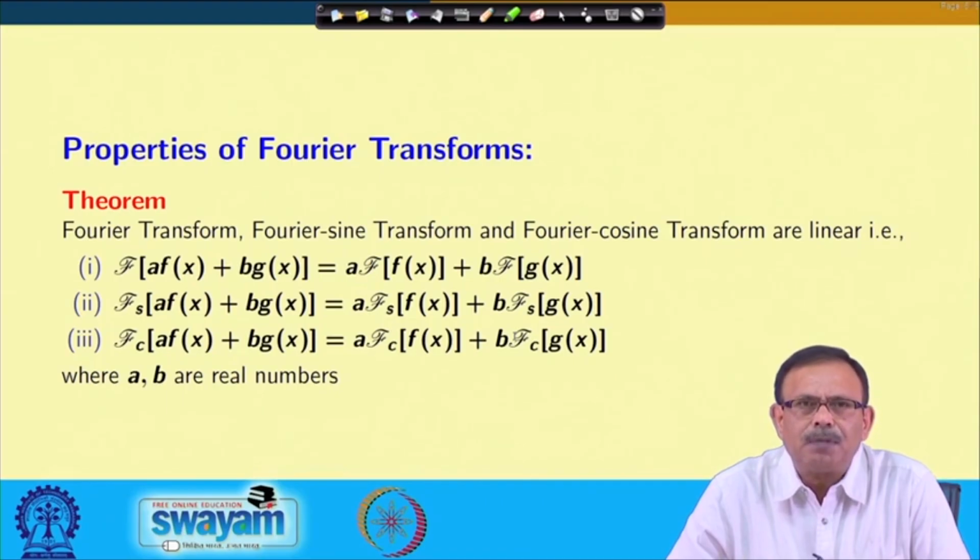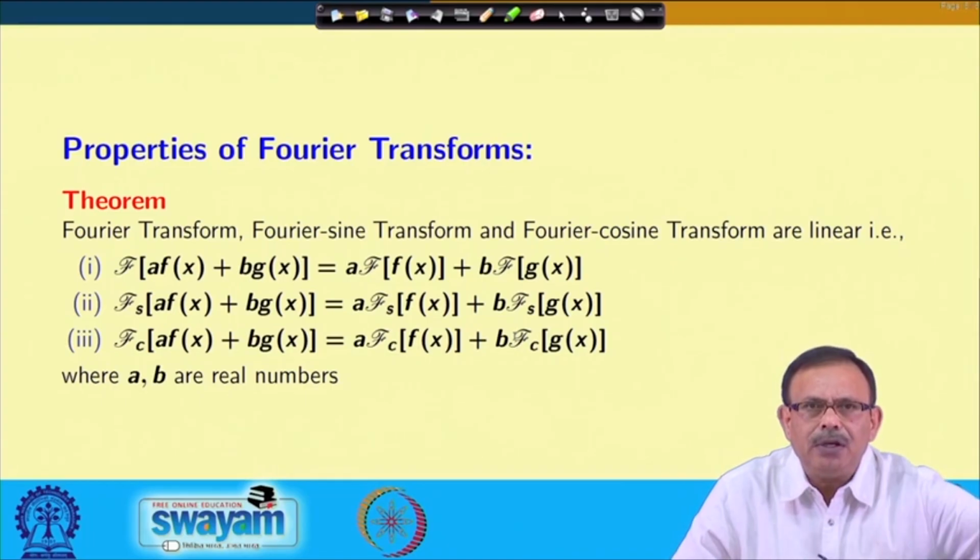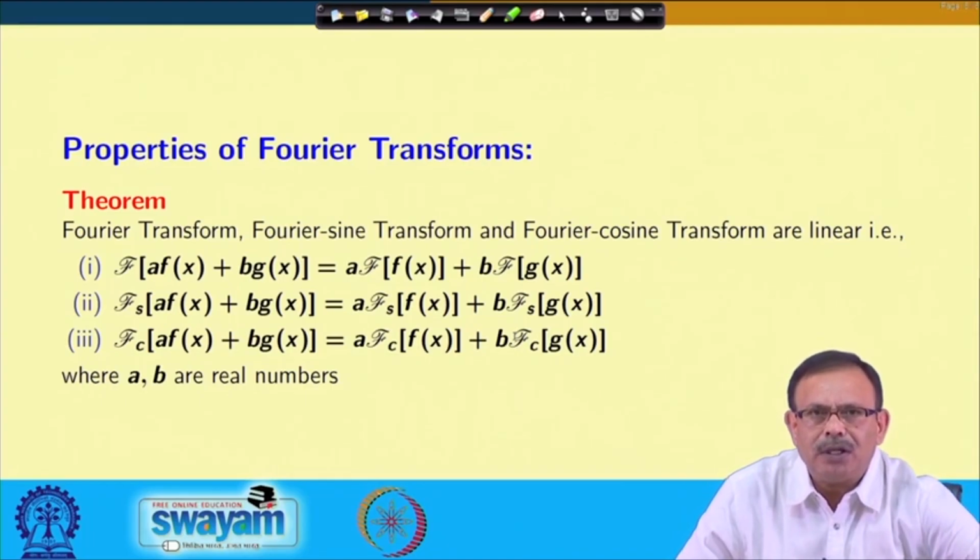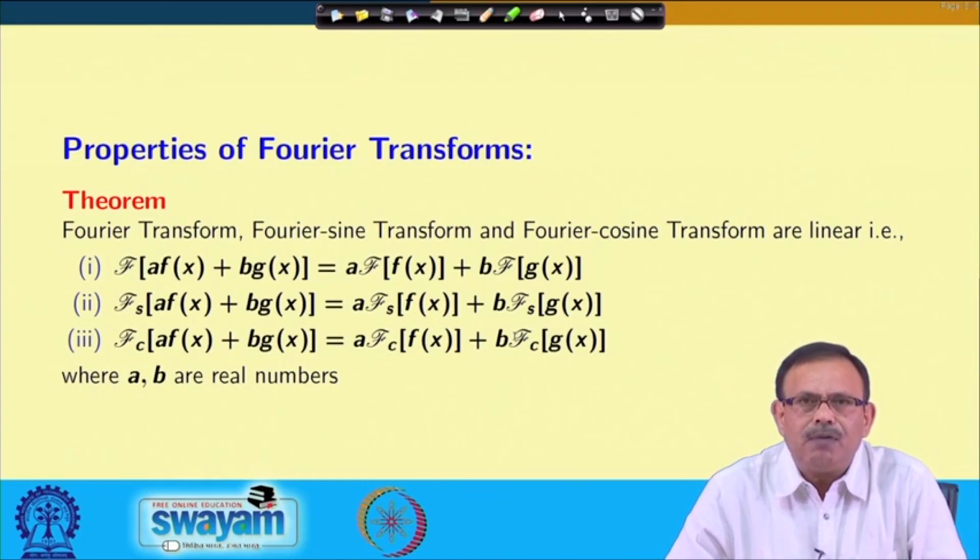Similarly, Fourier sine transform of a f x plus b g x equals a into Fourier sine transform of f x plus b into Fourier sine transform of g x, and Fourier cosine transform of a f x plus b g x equals a into Fourier cosine transform of f x plus b into Fourier cosine transform of g x, where a and b are real numbers.